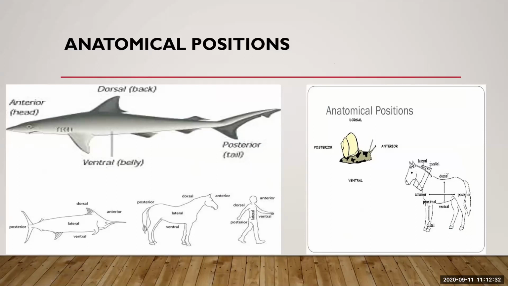You can see here in the fish, the anterior side is near the front, near the head. Posterior means the hind side. Dorsal side is the back side, and ventral side is the belly or abdominal side. So this is dorsal, ventral, anterior, and posterior.